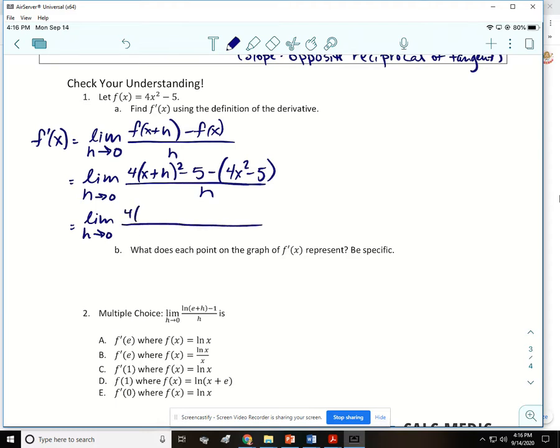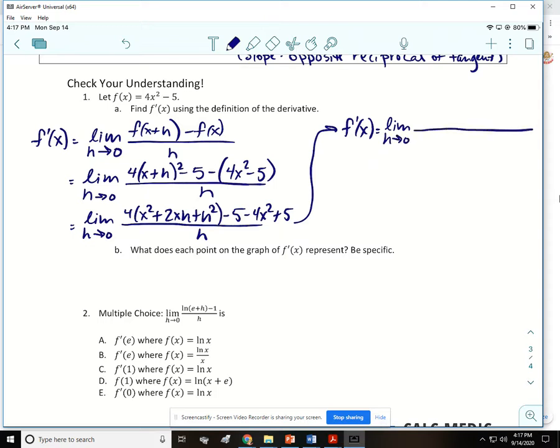Okay, so hopefully we're getting pretty good at squaring binomials. Alright, so I'm going to come up here. So just remember, we're still finding f prime. We're finding the derivative using the limit definition.